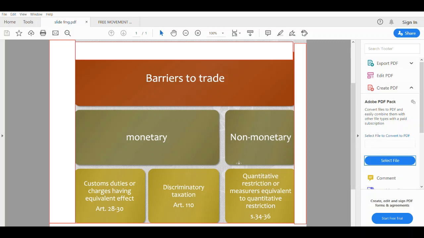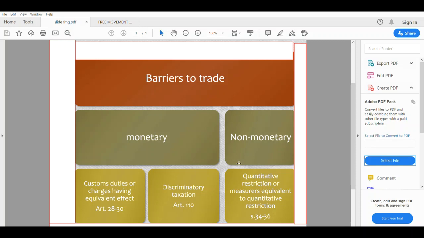Because if it is a monetary barrier, then we should consider Article 30 of the TFEU or Article 110. And if it is a non-monetary barrier, then we should consider Articles 34 to 36 of the TFEU.